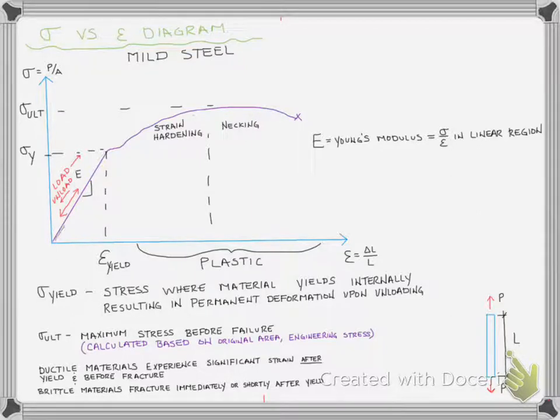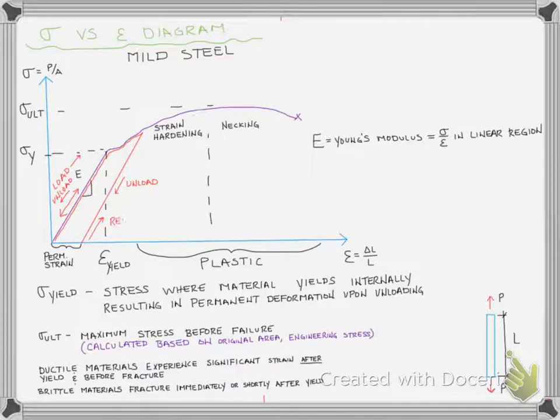But if you load it too much and you load beyond yield, then when you unload, you don't come back to zero. Instead of coming back to zero deformation, you end up with this permanent deformation, or permanent strain if you're on the stress strain curve.